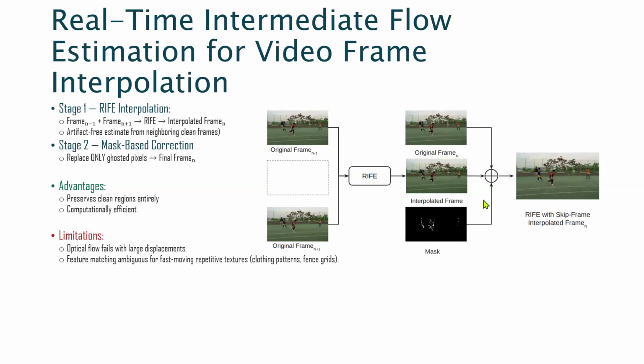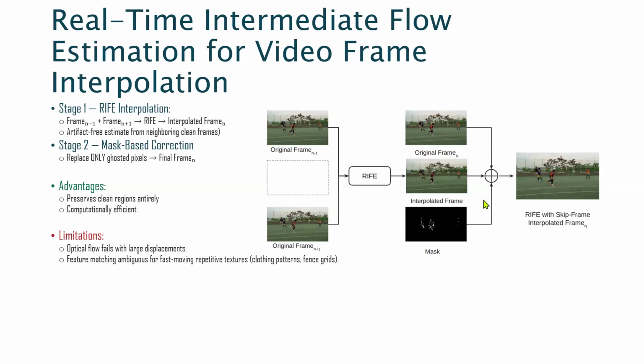Furthermore, we also explored ARCNN, Fast ARCNN, and DMCNN, where we give the model the interpolated frame, the difference map, and the original frames, and try to generate a frame with skip frame interpolation.